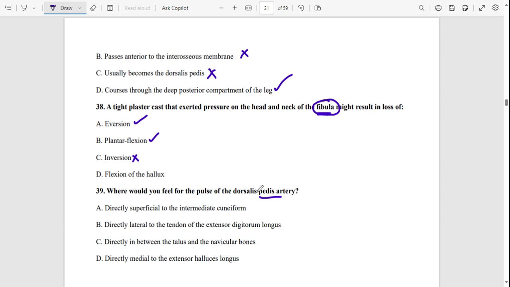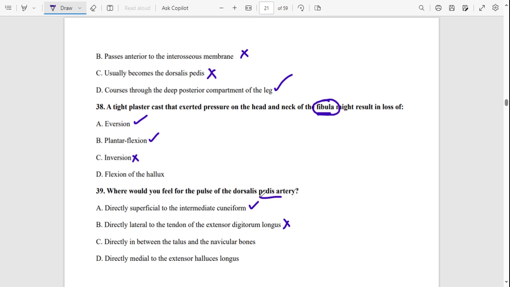Where would you feel for the pulse of the dorsalis pedis artery? Direct superficial to the intermediate cuneiform. Is it true? We said yes. It does pass just on top of the intermediate cuneiform. Directly lateral to the tendon of the extensor digitorum longus. Remember we said the dorsalis pedis is medial to the tendon of the extensor digitorum longus, and then direct in between talus and navicular.